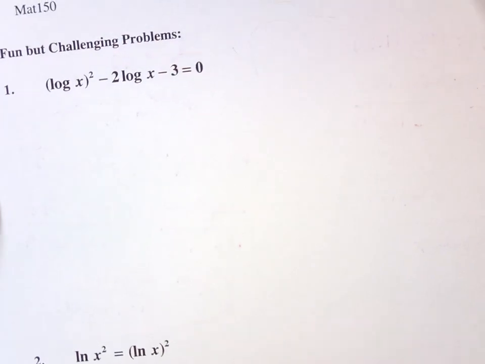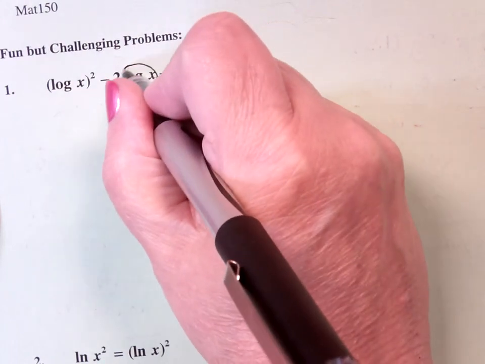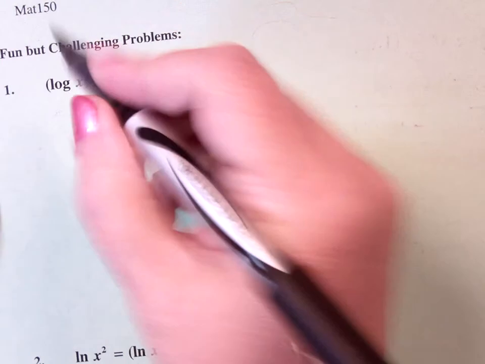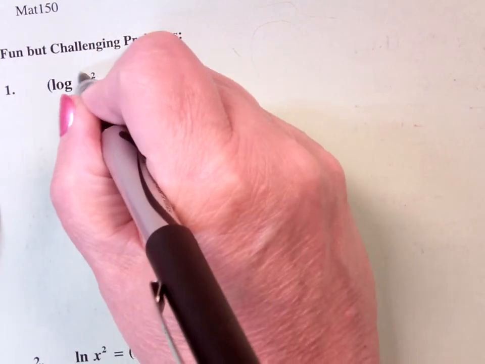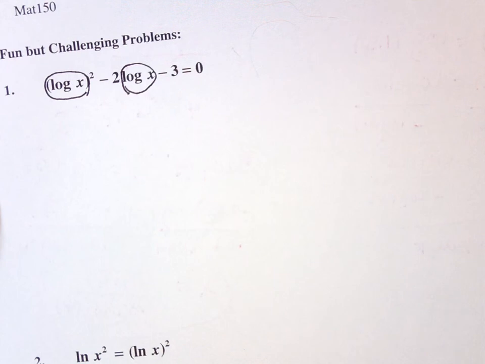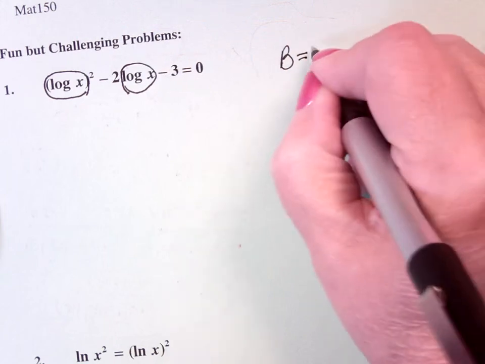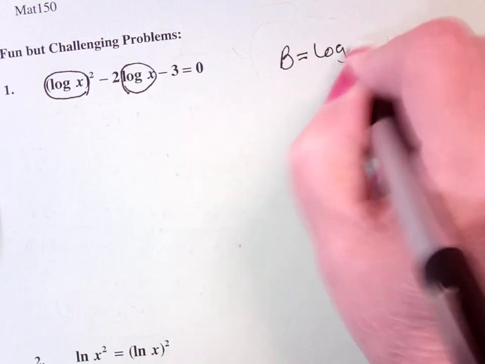And the key, just like with the 3 to the x, is if I look at the center term, this is a quadratic equation. I've got circled the 1, and here's the same thing, which is squared. That's an equation in quadratic form, so we know that the blob b is equal to the log of x, which is the center term.